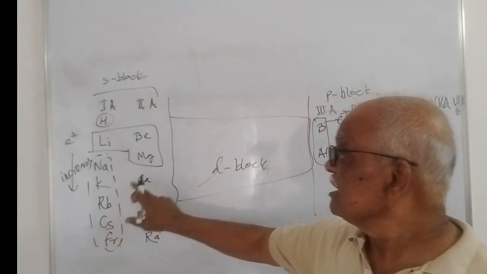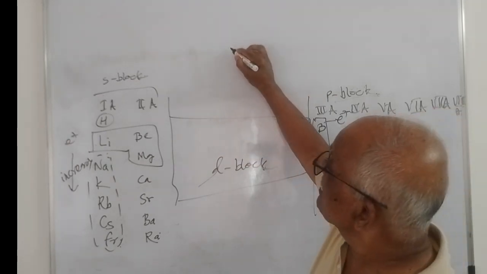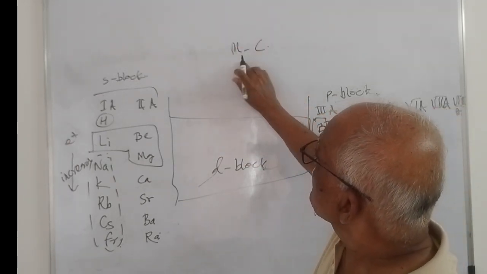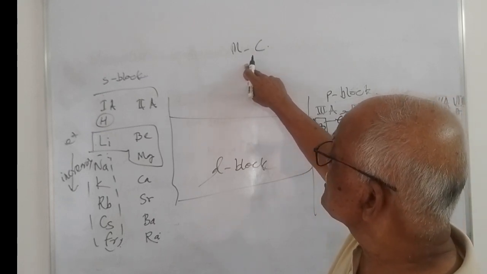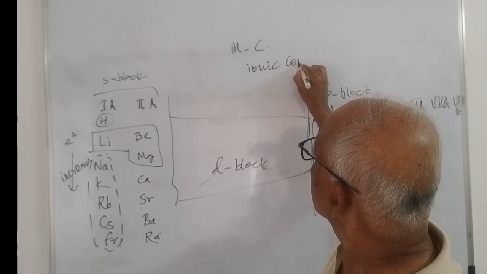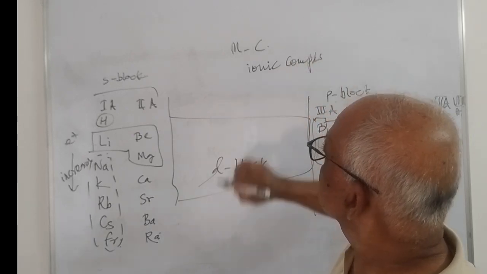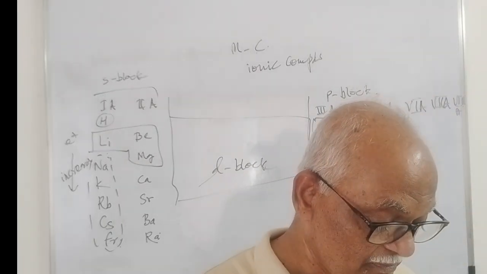So when they form bonds with carbon, meaning the metal-carbon bond, the electronegativity difference is much larger, and in that case they give ionic compounds, because the electronegativity difference is much larger.